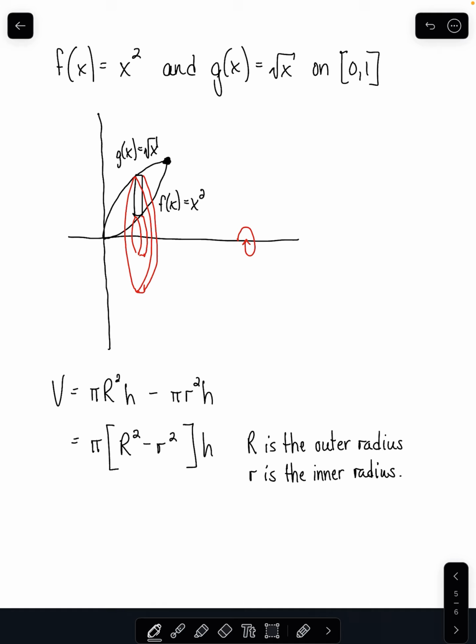Thus, the volume is going to be given by pi times the outer function, f of x squared, minus the inner function, g of x squared, times delta x.